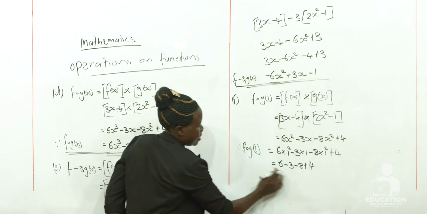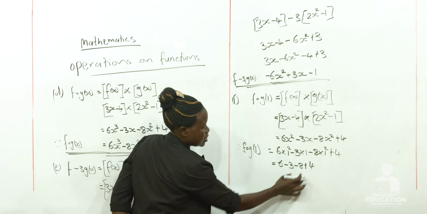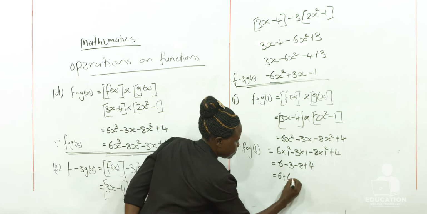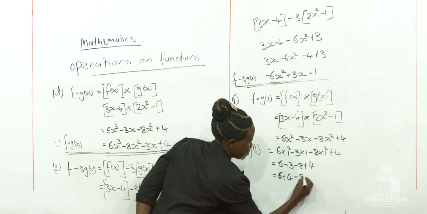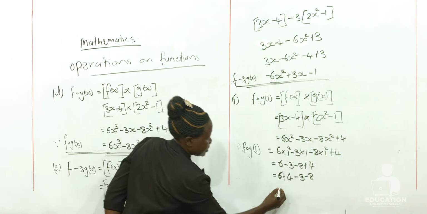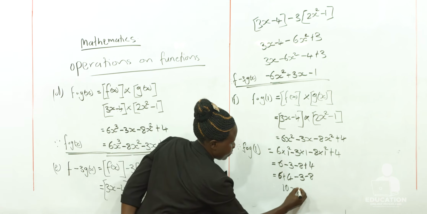So from here we find that we have two kinds of integers, the negatives and the positives. So what you do, you get the positives together, and then you bring the negatives also together, so that you now have 10 minus 11.